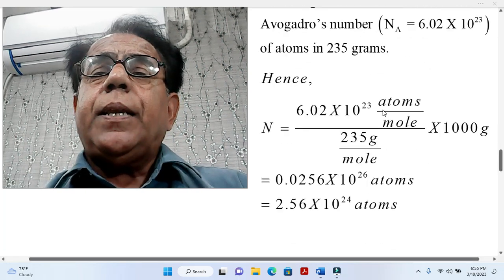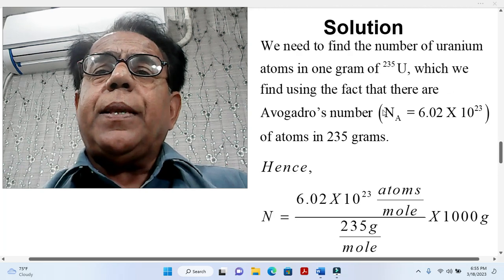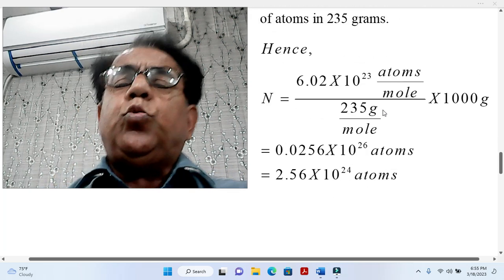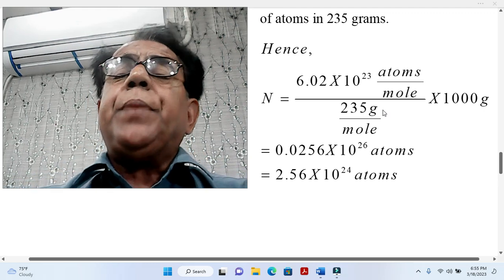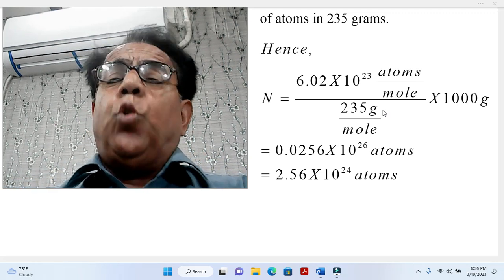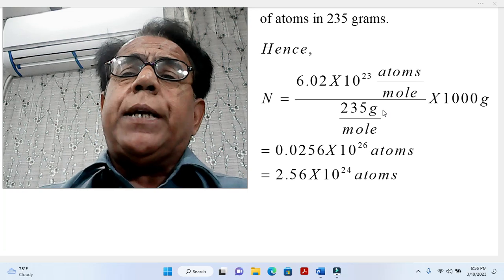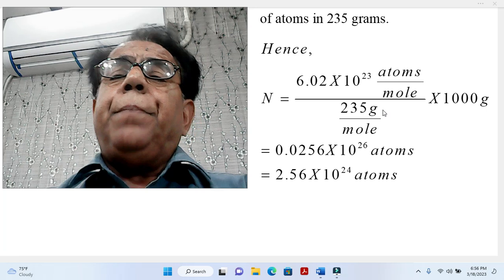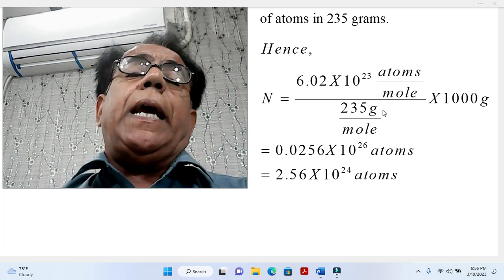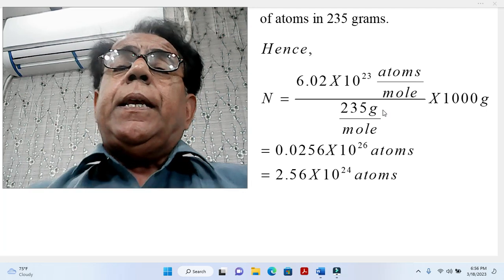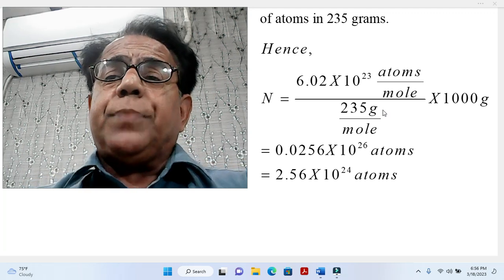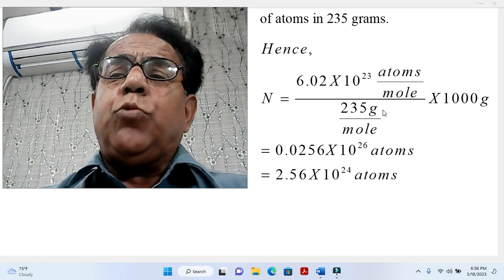Hence, here the number of atoms becomes N equal to 6.02 into 10 raised to the power 23 atoms per mole divided by 235 grams per mole, multiplied with 1000 gram, because we have to find the value for 1 kilogram, and we know that 1 kilogram and 1000 gram are equal.